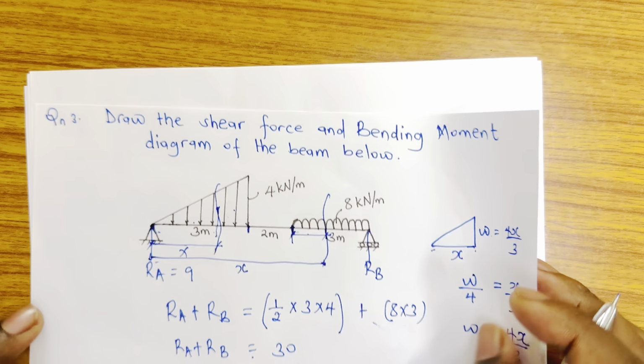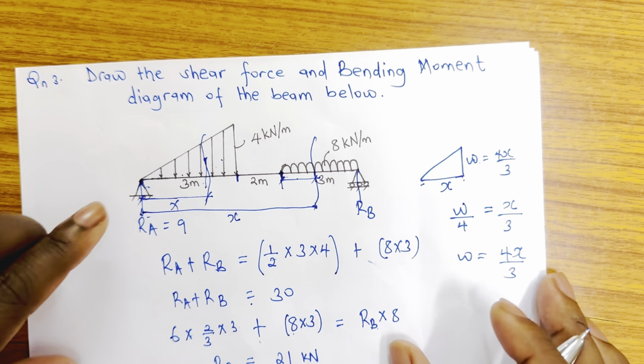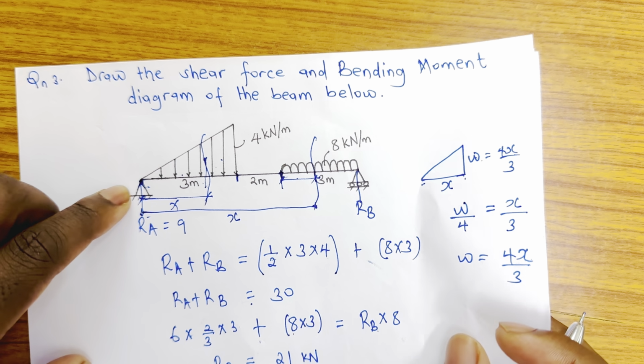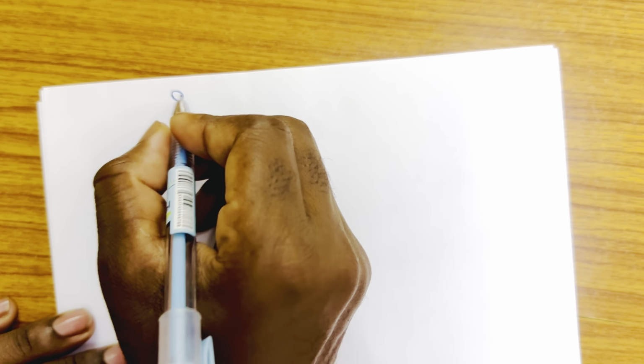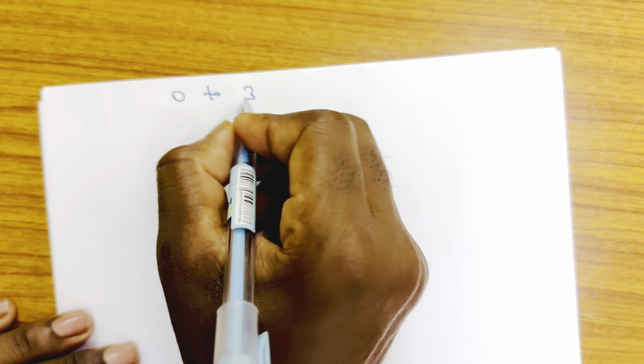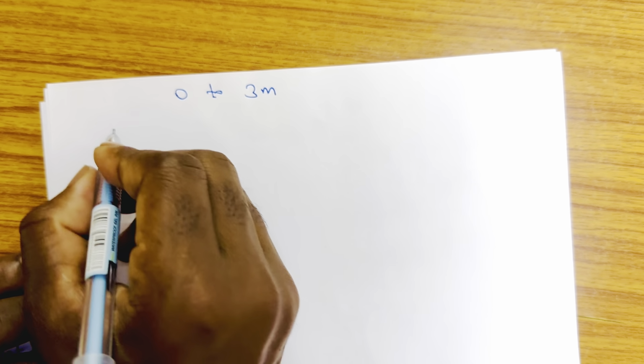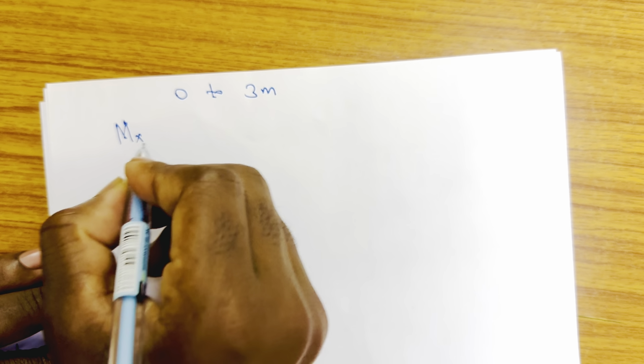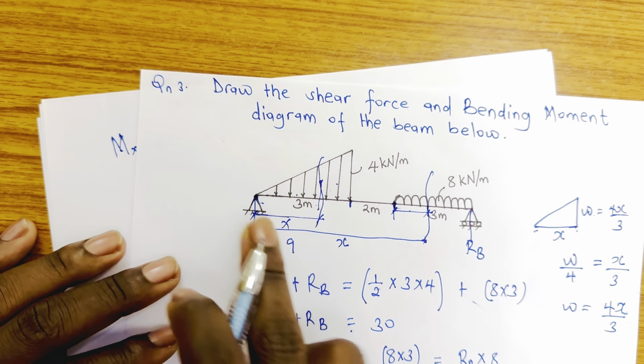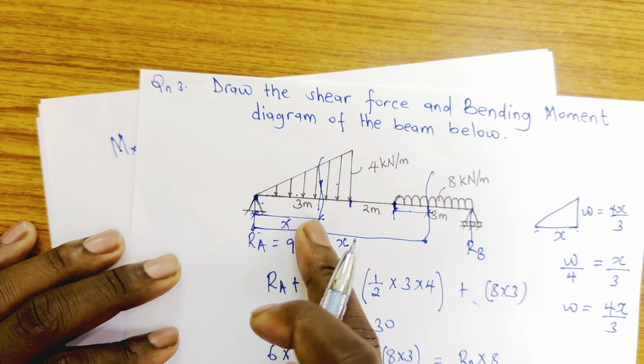Remember, this is our figure, and if we need to calculate the bending moment, we are also going span by span. Let's start with span 0 to 3 meters. So Mx, which is the moment that I want, the expression, I start with the first span 0 to 3. So I cut the beam from here.